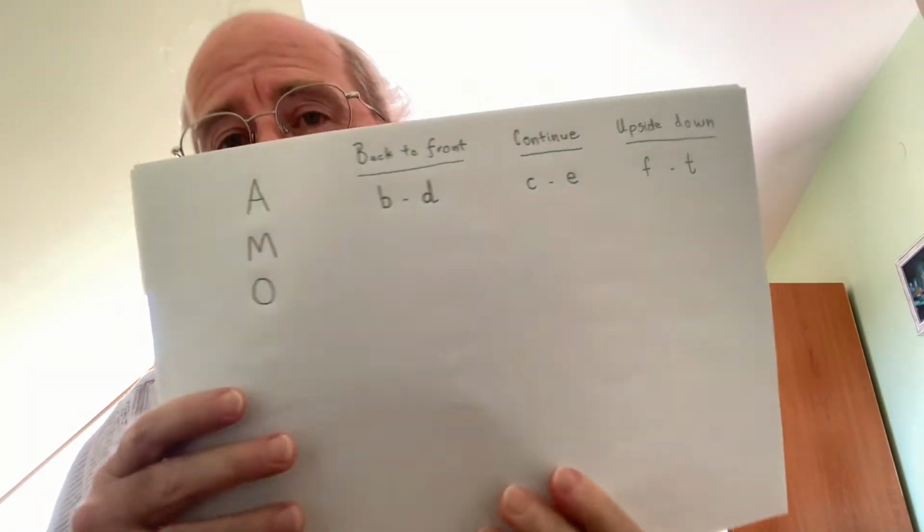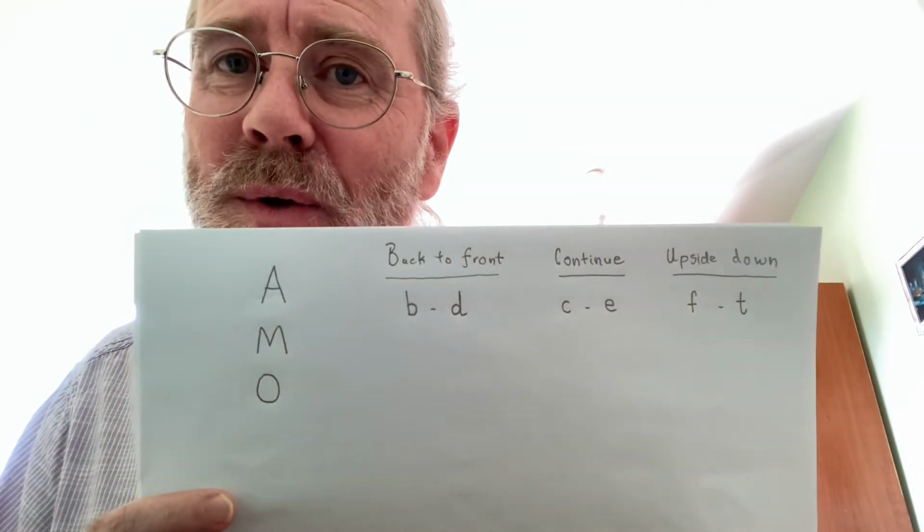So we've looked at B, C, D, E. F is an example of a letter that can be turned upside down. If you turn F upside down, you get the letter T. F, T. Okay?